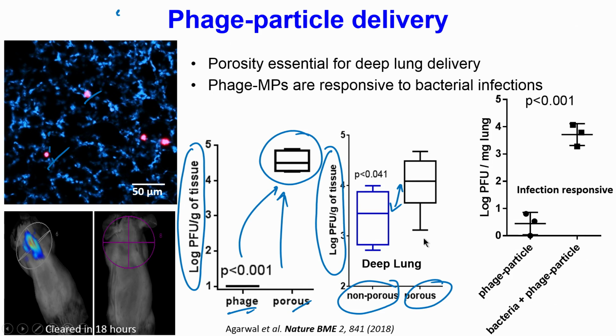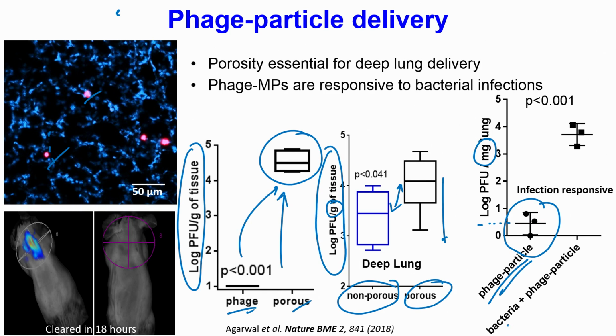And then finally, they show that this is actually infection responsive. What that means is, let us say if it is a healthy lung, then if you deliver phage particles, you get a certain titer of your phages in the lung. Remember, this is in milligram now. So, that is why you see a drop in the scale, this was in microgram, this was in gram. But in any case, if you use these phage particles, they give a certain accumulation in the lung.